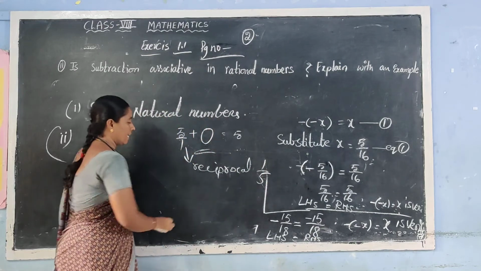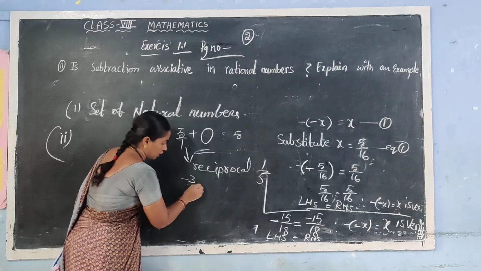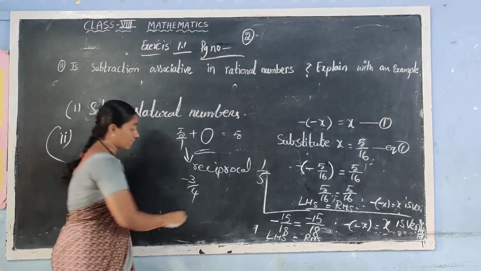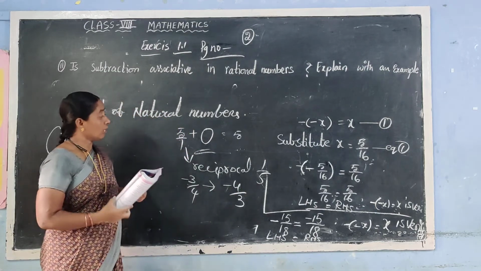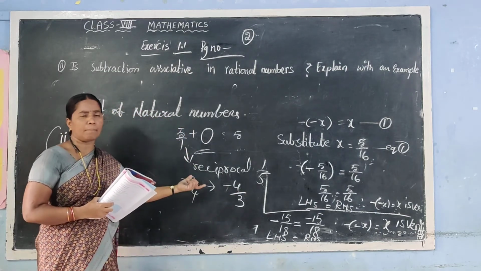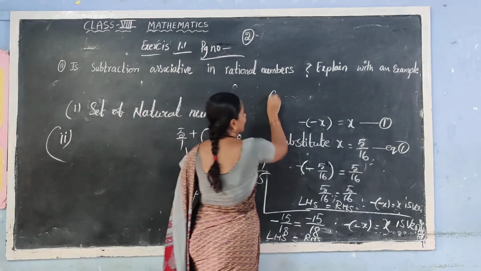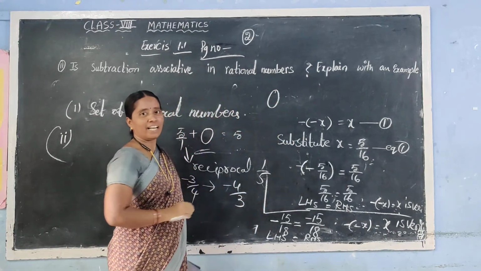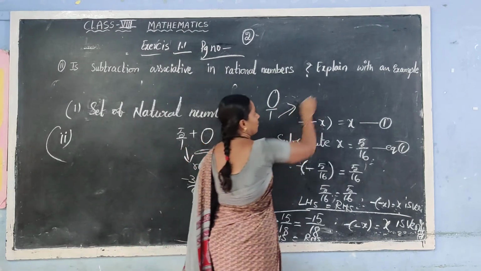Okay. Like that. You consider any rational number. For example, minus 3 by 4. Okay. For this rational number the reciprocal is minus 4 by 3. Okay, Nana? So like that, for every rational number there is a reciprocal also. But now you consider 0. Okay, Nana? 0 means 0 by 1. So now this reciprocal is 1 by 0.